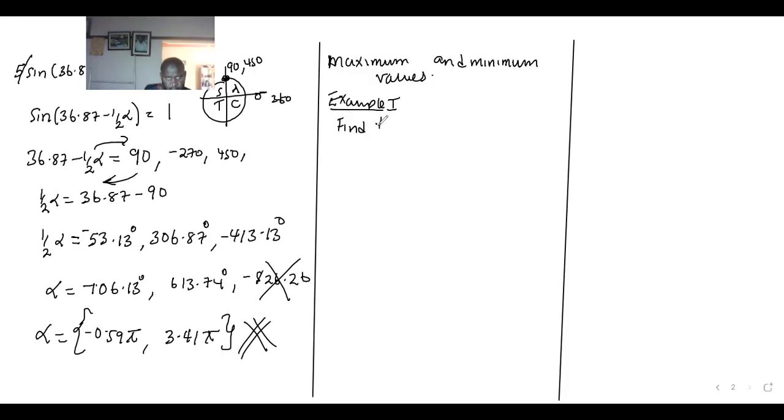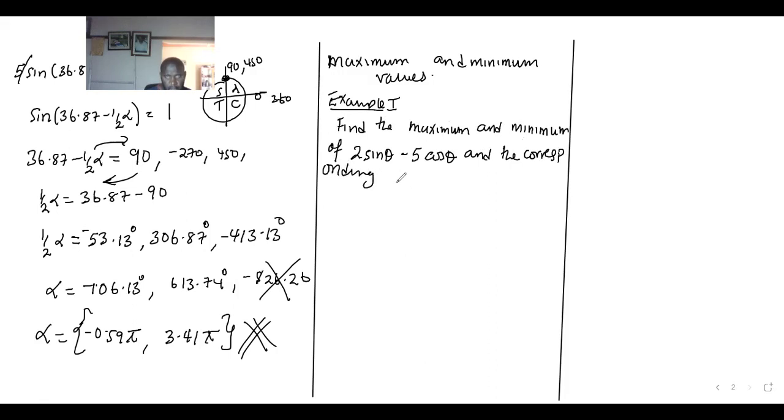Find the maximum and minimum of the 2 sine theta minus 5 cos theta and the corresponding values of theta between 0 degrees and 360 degrees.